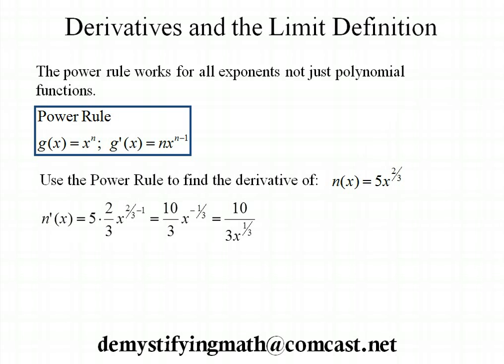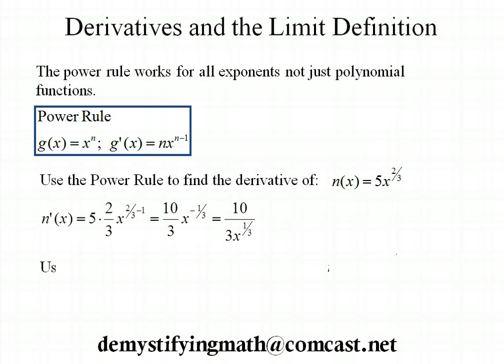Taking the derivative of x to the 2/3, we would bring the 2/3 in front as a product of x and reduce our exponent by 1. So 2/3 minus 1, or 2/3 minus 3/3, gives us negative 1/3. And then I just multiplied our 5 times the 2/3. So we have 10/3 times x to the negative 1/3. Or if you want to write it without a negative exponent, 10 over 3x to the 1/3.